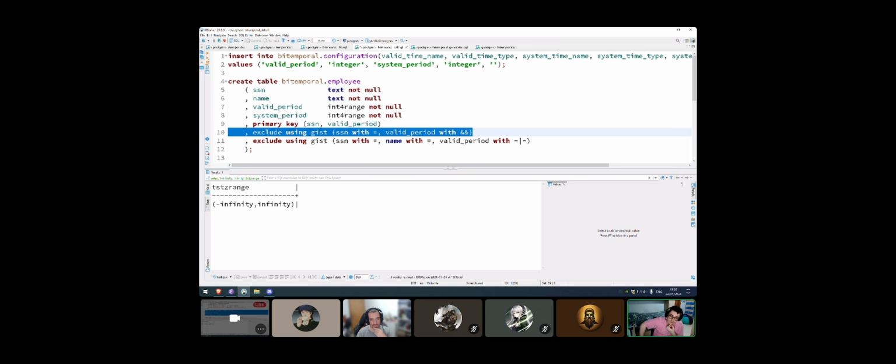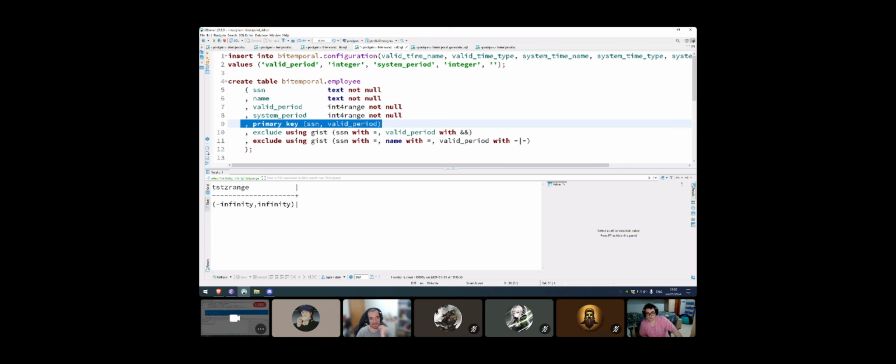That would be the default way, right? With equals and overlap for the range. I think that would be the default way that we would check, no? No, the default is equals and equals. Oh, equals equals. Interesting. That's what the primary key does. It checks with equality. But for the valid period, we can't do only equality.